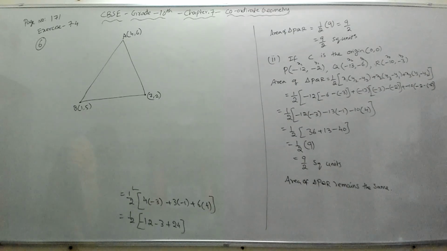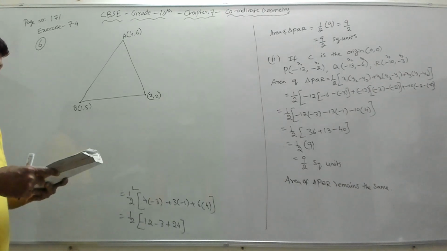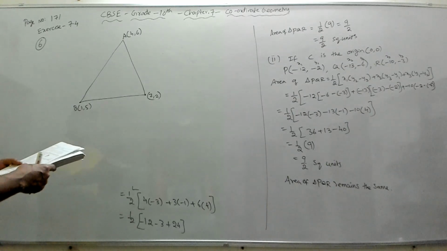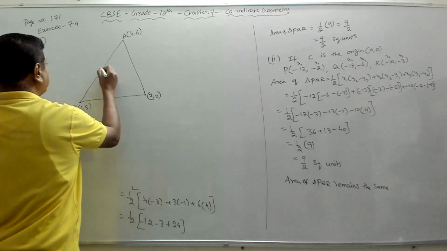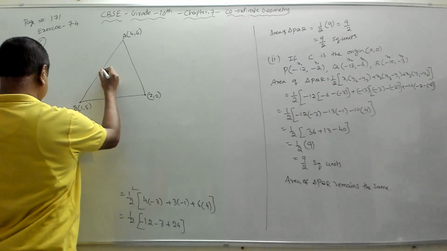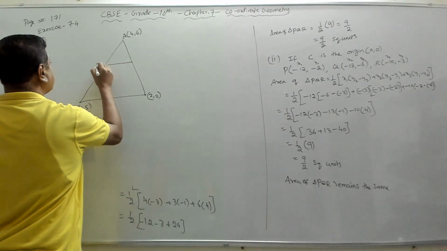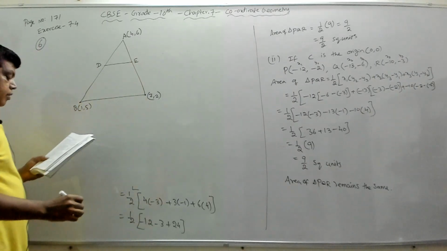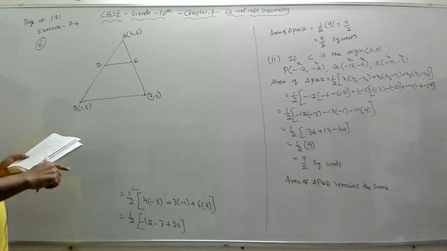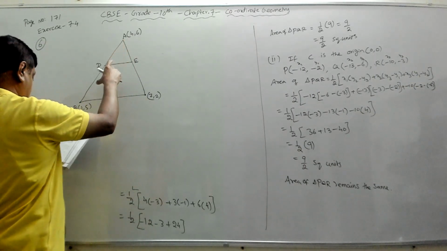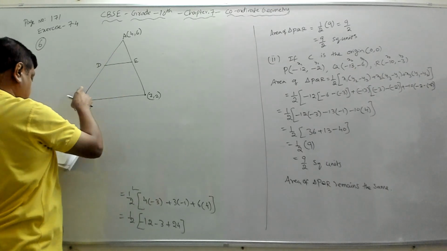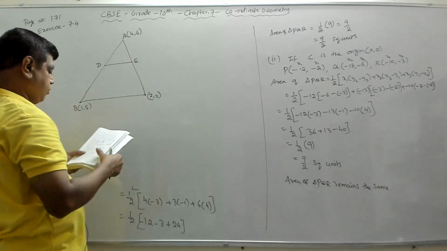So what it says is, calculate. These are the three vertices of the triangle, and a line is drawn to intersect the sides AB and AC. Suppose this is D, this is E, such that AD by AB is equal to AE by AC is equal to 1 by 4.